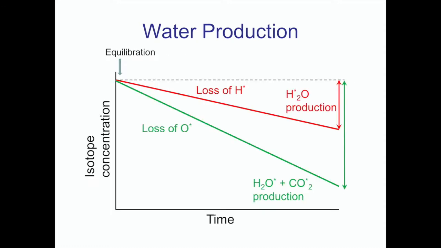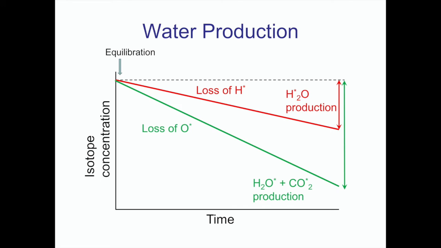Once again, you can inject known amounts of water with labeled oxygen and water with labeled hydrogen, hence doubly labeled water, into an animal and let them equilibrate. Both labeled substances will decline over time as water is produced and carbon dioxide is released. The labeled hydrogen is only lost as water, so its dilution gives you the rate of metabolic water production.